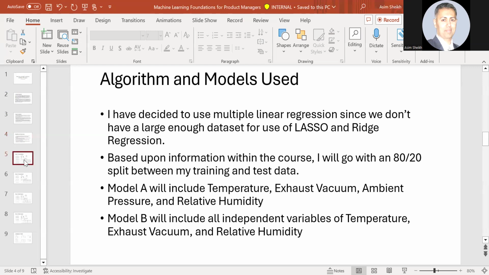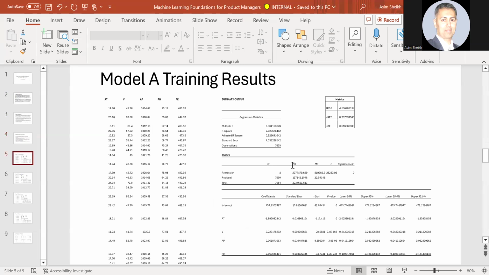So within Excel, this was the output for those four features. And as you can see, one thing that's interesting is that ambient pressure has the lowest correlation based upon the coefficient here.